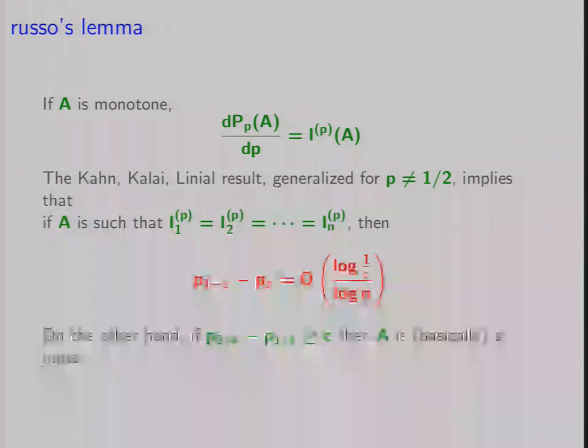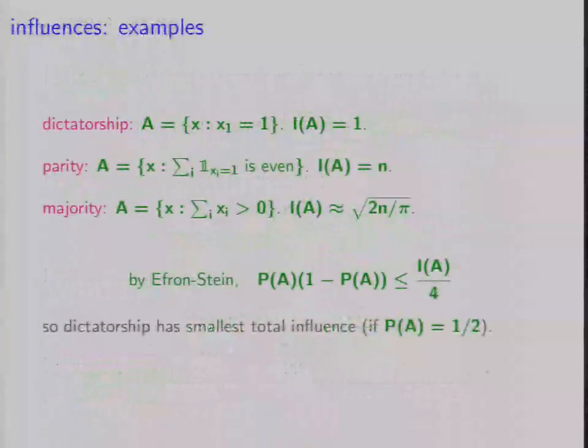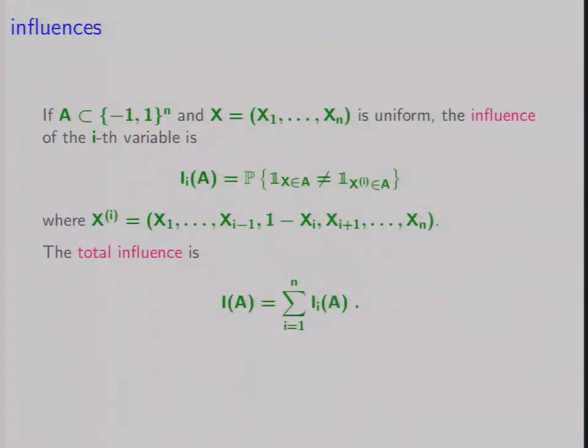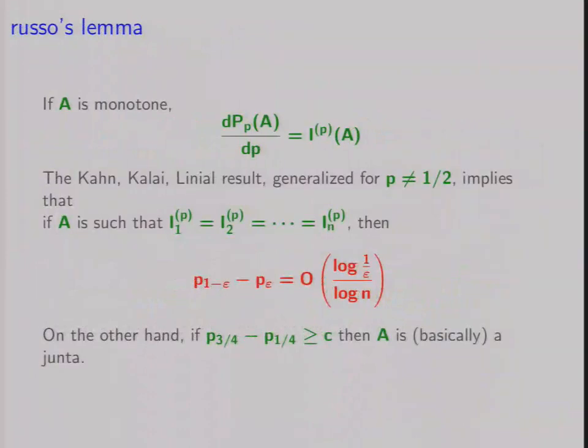And what it says is that if I look at the derivative of this function, then the derivative is exactly the total influence, as we defined it here: the sum of these probabilities that we go in and out if the ith voter changes the vote. So this is really easy to prove. In a few lines you can prove it. The derivative of this function equals the influence.